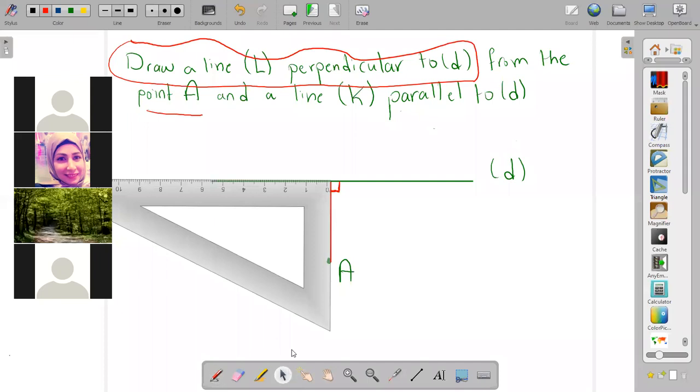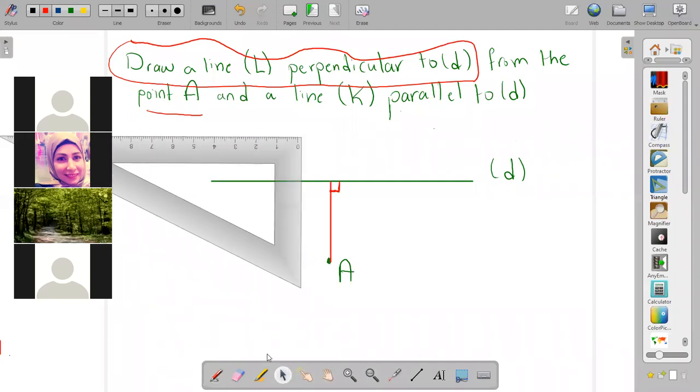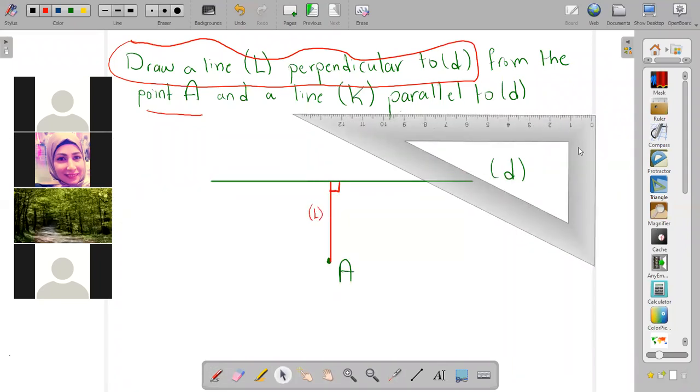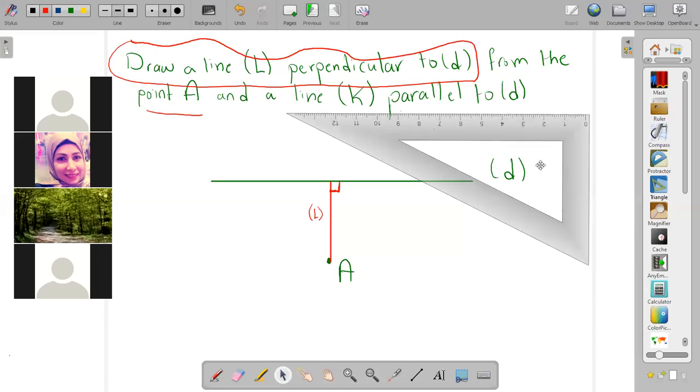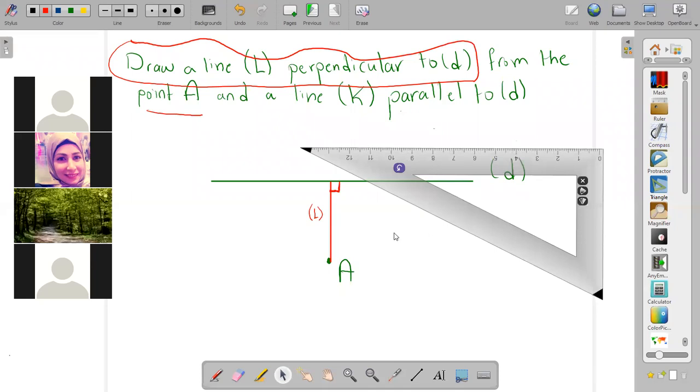We can extend it up, or leave it like this, no problem. Let's name it L between two brackets. Draw the perpendicular line and name it L. This is the first step.